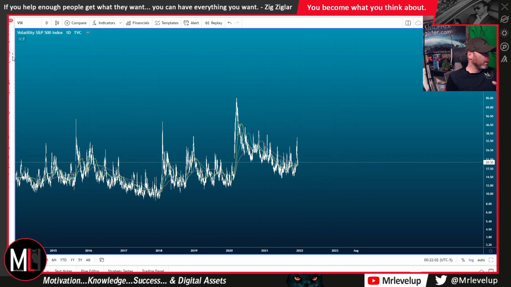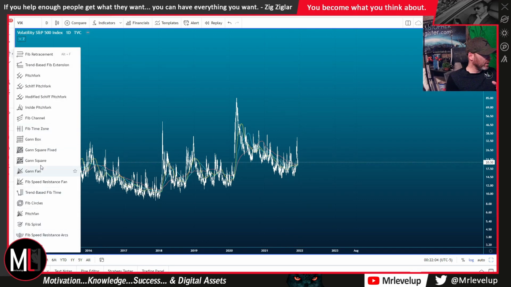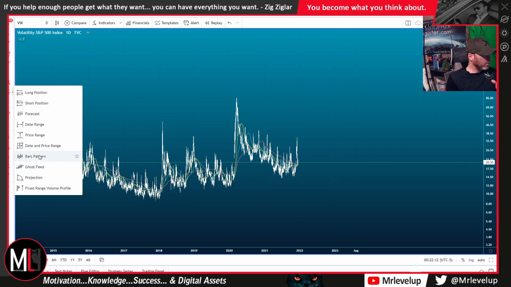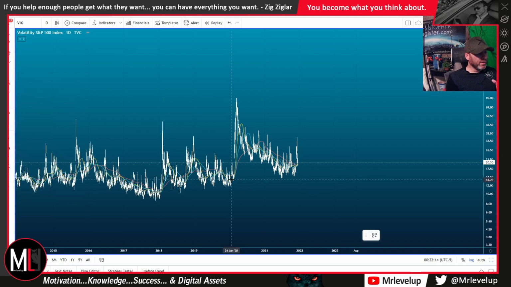So I can obviously just grab this. It's not the one I wanted. Whoops, sorry, wrong one. This is what I wanted. Bars pattern. It could be something like this, so where we can just grab this here, boom, and next thing you know, it's doing something like this. It can easily do that. Trend line, and that's what could happen.